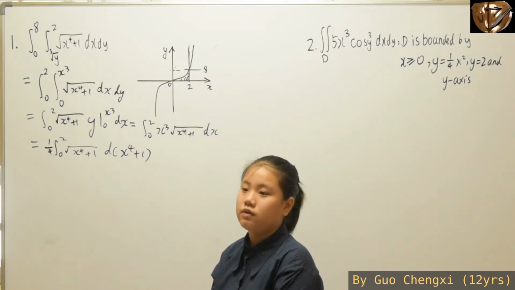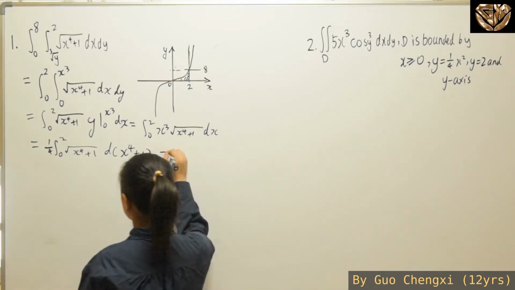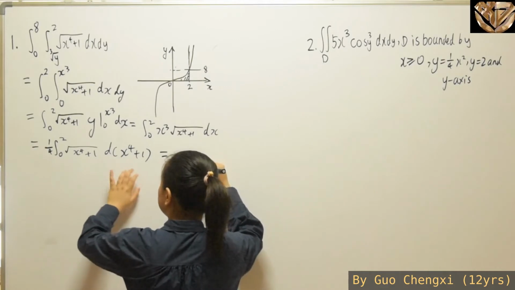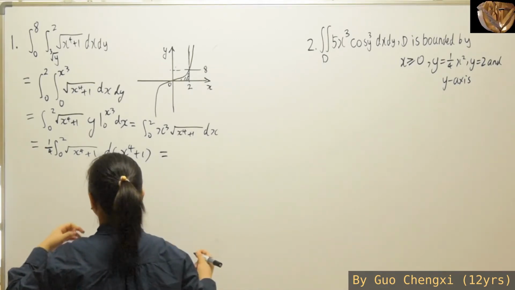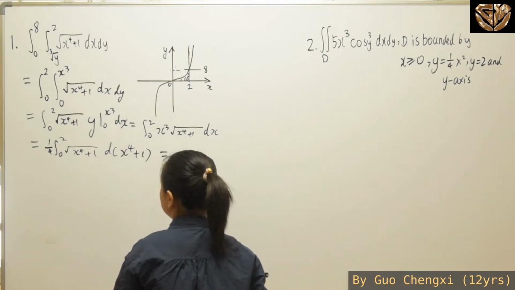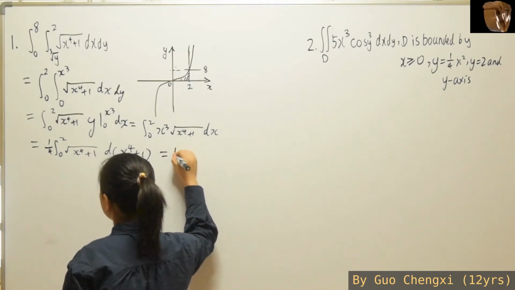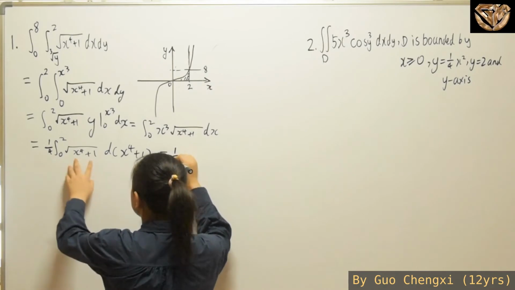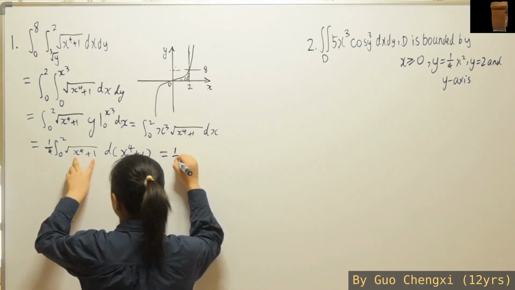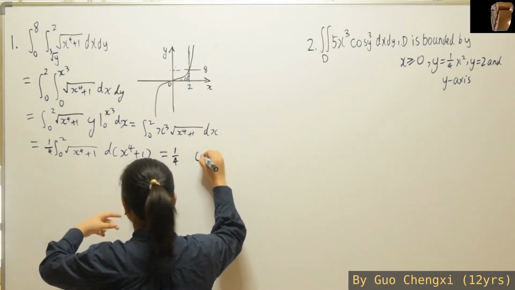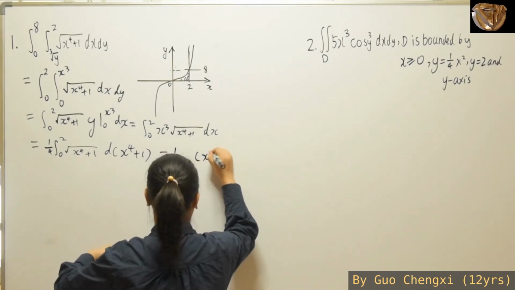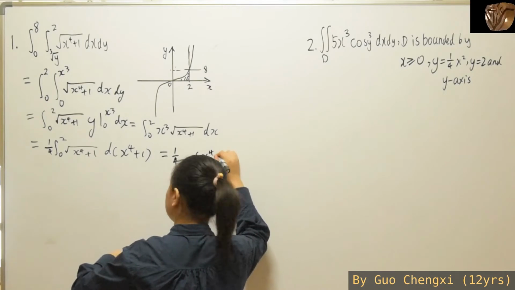Okay. So for this part, we can already straight away integrate it. So it's basically the integration of the square root of x dx. Square root means this part to the power of 1 over 2, right? Which means that once you integrate it, it will become to the power of 3 over 2, right?